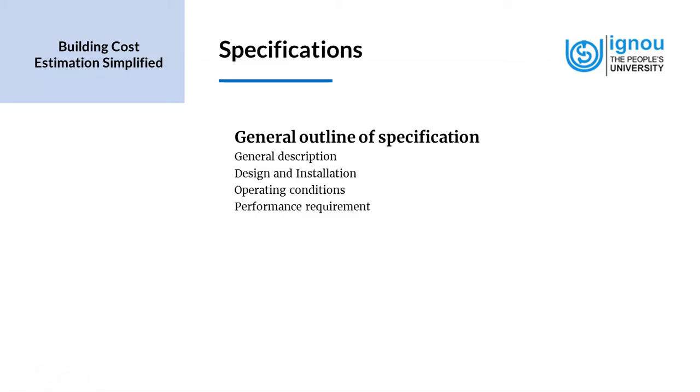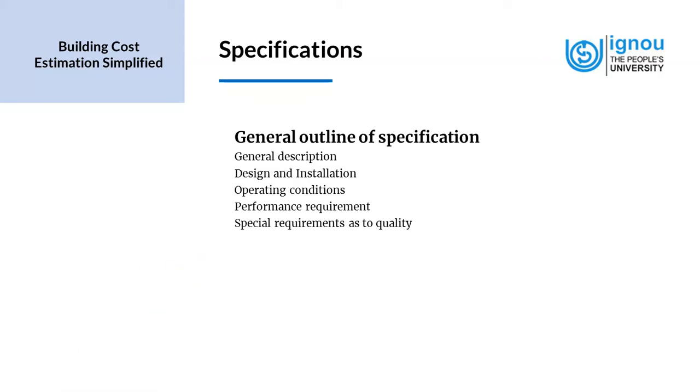The performance requirement: the parameters of performance have to be specific. If there are tolerances, they have to be communicated. Penalties and acceptance criteria are also to be communicated in a specific manner.